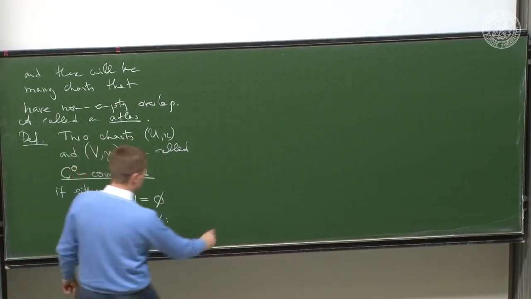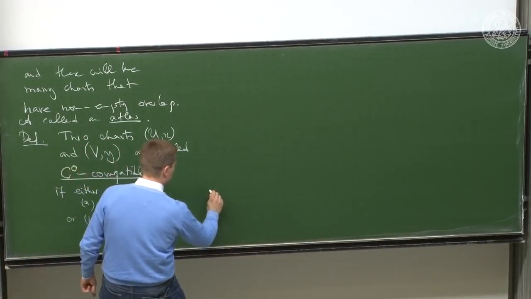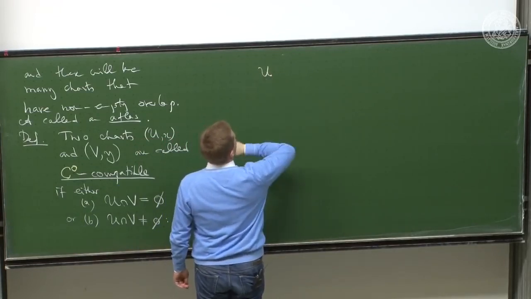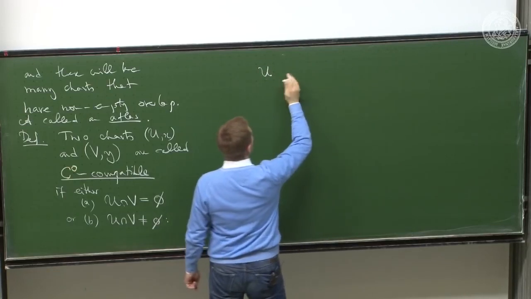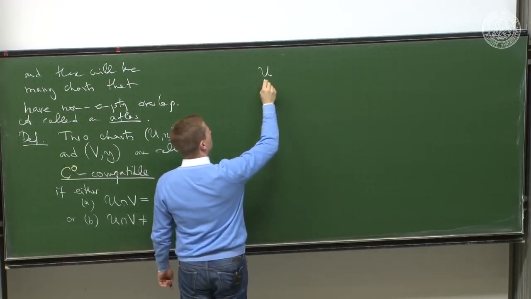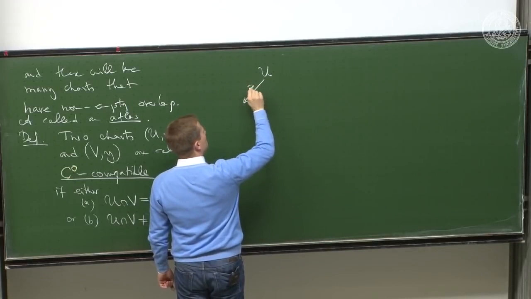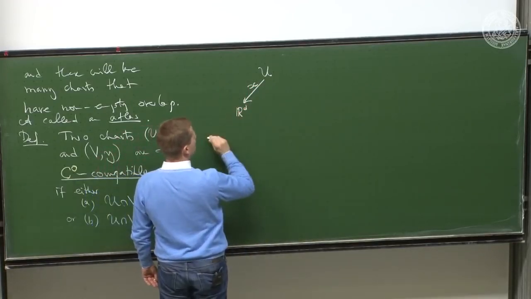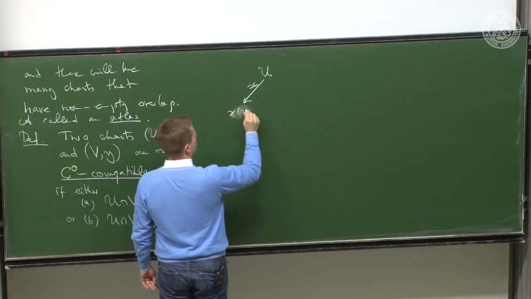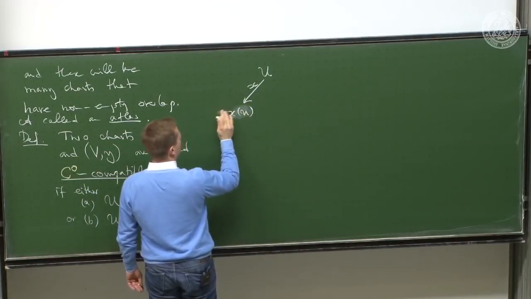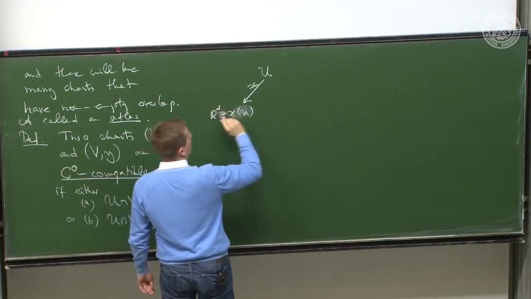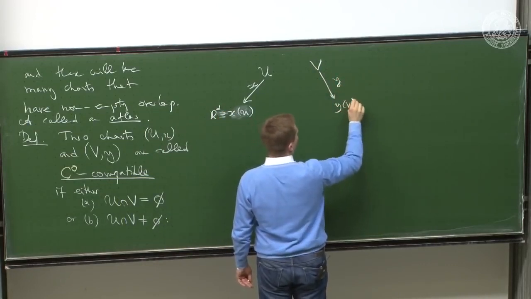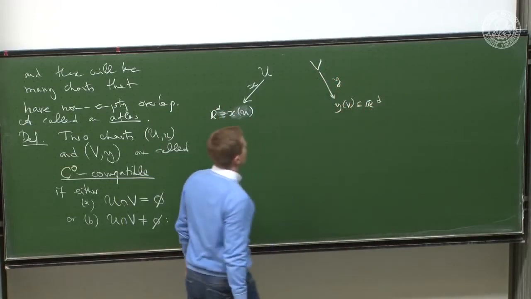then we have the following situation. We have the chart U, and we have the chart V, and if we start from U, we can look at the coordinate map X, so the components are the coordinates, goes into RD. Well, it actually only goes into X of U that lies in RD. And you have the chart V, you go down with Y, you go to Y of V lying in RD, that's the situation.